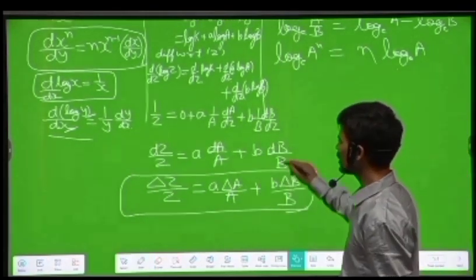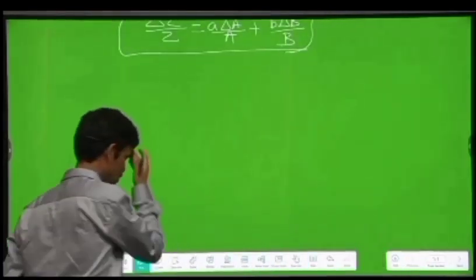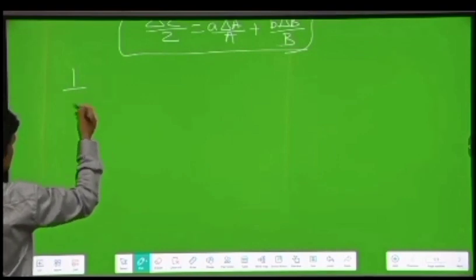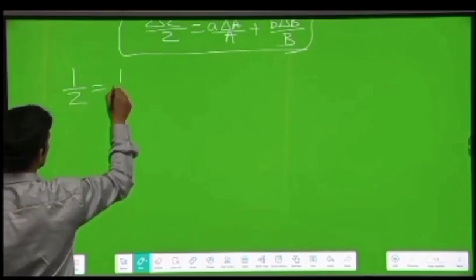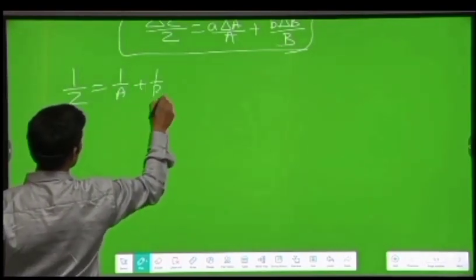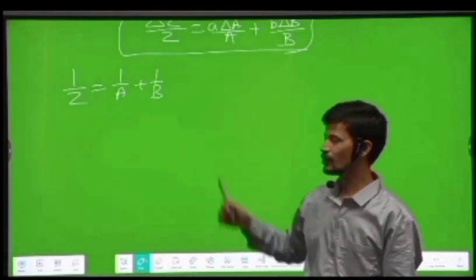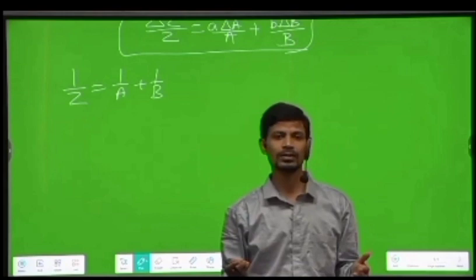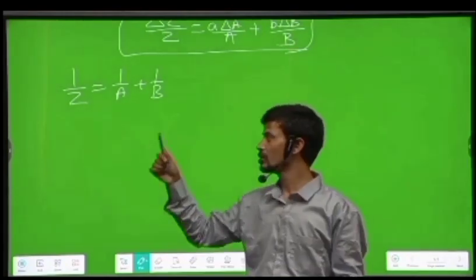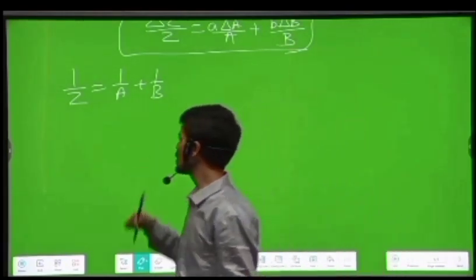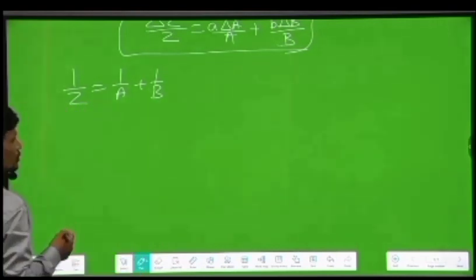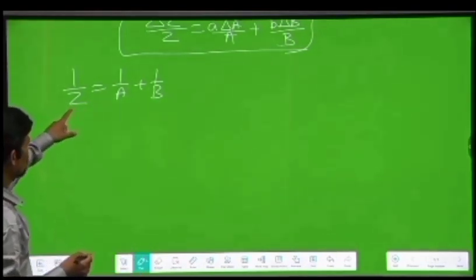Other than that, if there is this kind of form also, 1 upon z equal to 1 upon a plus 1 upon b. Till now you know about parallel combination of resistance in this form, but later on you will come to know that there are some other relations also in this form. So in such cases, how are we going to do it?